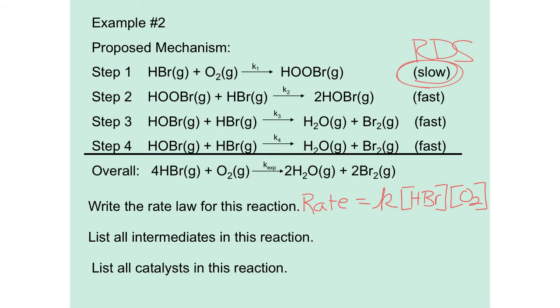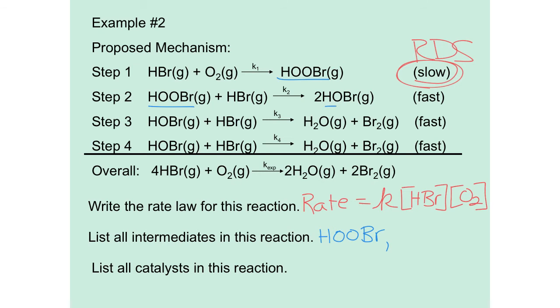List all intermediates in the reaction. So intermediates are things that we produce and then consume. So that would be HOOBr. We produce it in step one, then consume it in step two. Now we should check, see if we have anything else that also would be an intermediate.